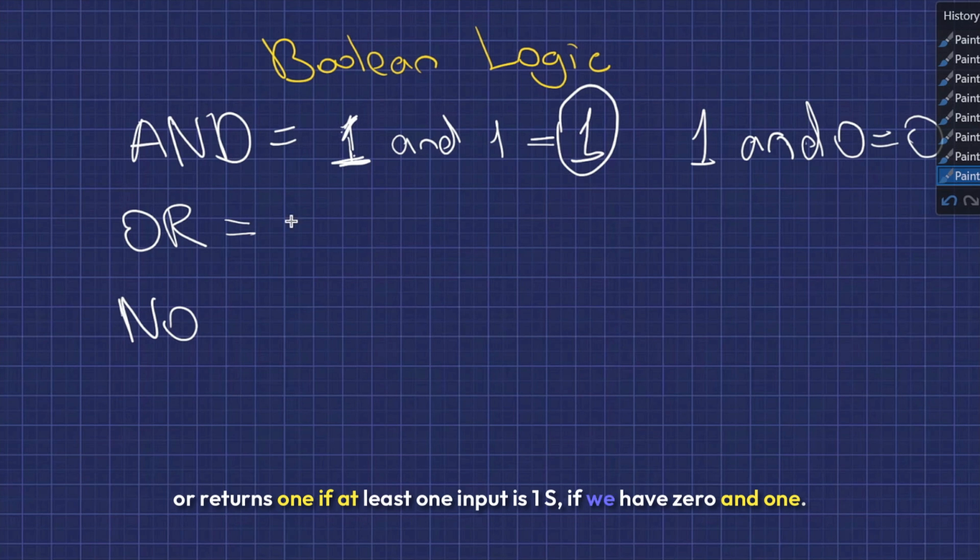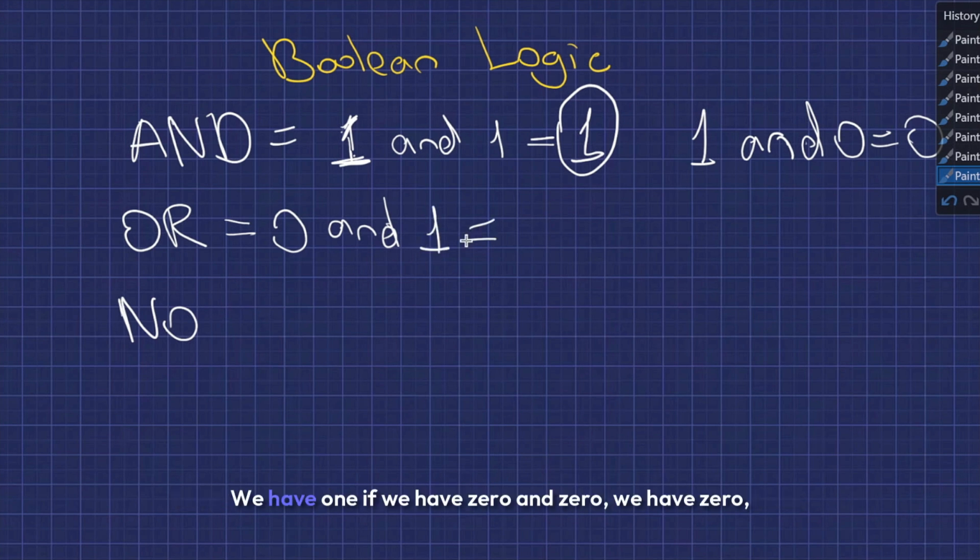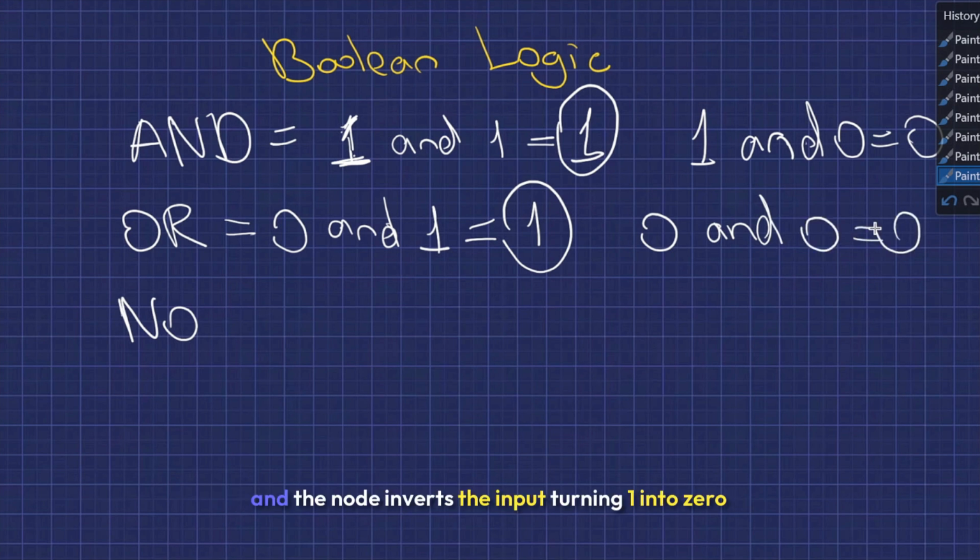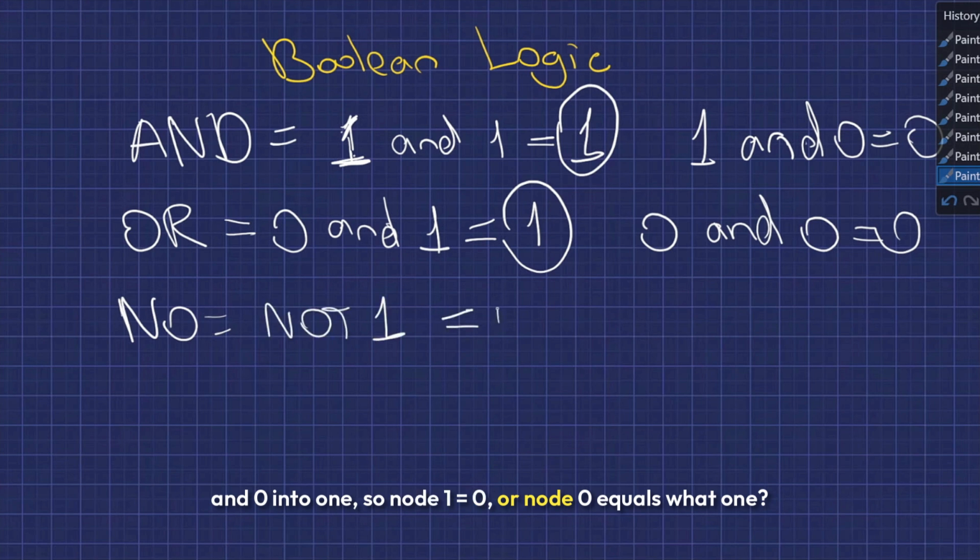So if we have 0 and 1, we have 1. If we have 0 and 0, we have 0. And the NOT inverts the input, turning 1 into 0 and 0 into 1. So NOT 1 equals 0, and NOT 0 equals what?